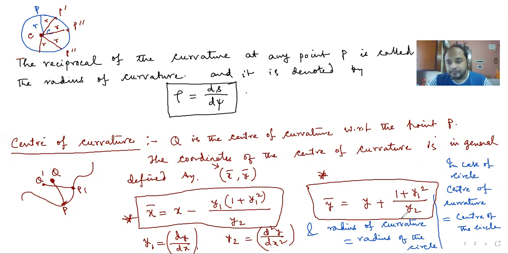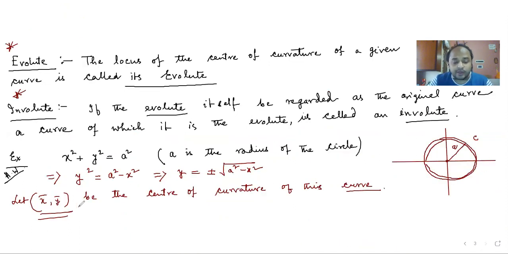Okay, so you try to do it by yourself, and then once you find this x bar, y bar, x bar will be in terms of x and y bar will be in terms of y. To find the locus of this particular center of curvature, try to find an equation with respect to x bar and y bar only.